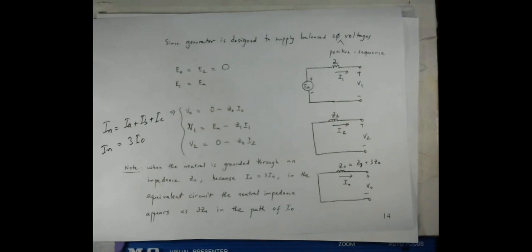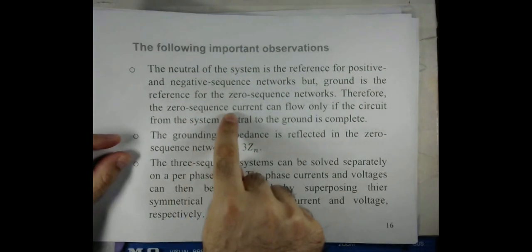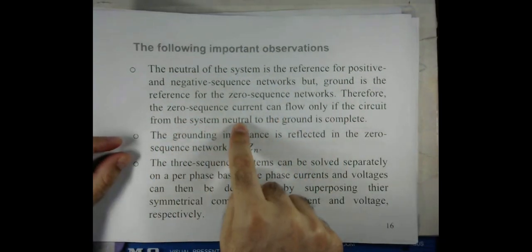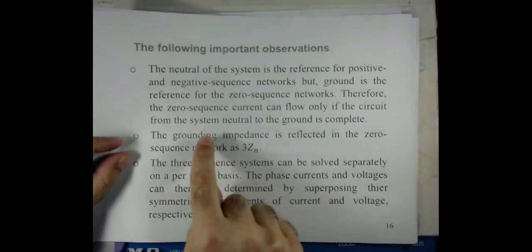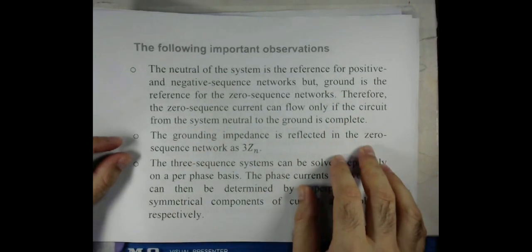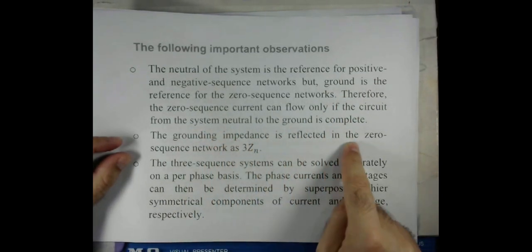We discussed that before. So the zero sequence current can flow only if the circuit from the system neutral to the ground is complete. If the neutral is not grounded, zero sequence current will be zero. The grounding impedance is reflected in the zero sequence network as 3Zn, which we have observed here.